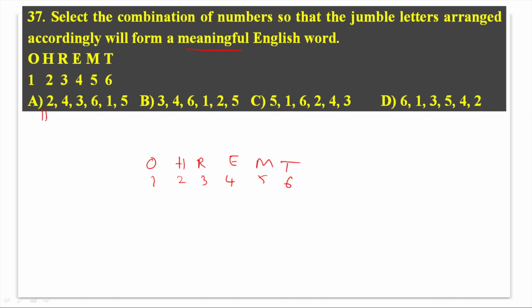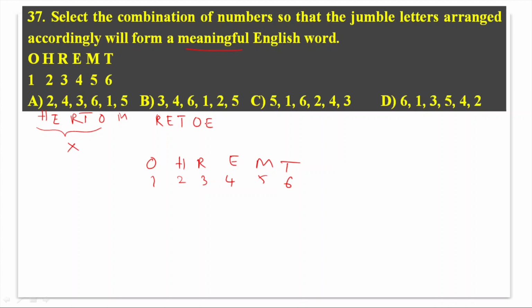So what are two reference H, E, R, T, O, M. Is it a meaningful word? No, it is not a meaningful word here. Next, let us go for the second option here. R, E, T, O, and E. We need to check here.